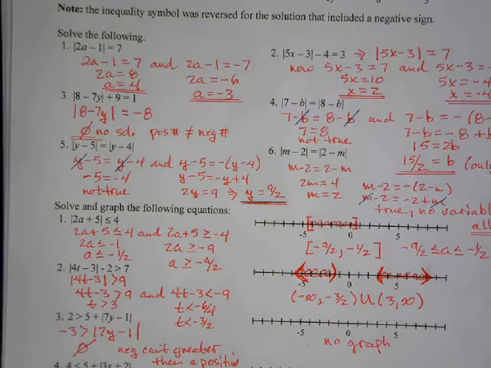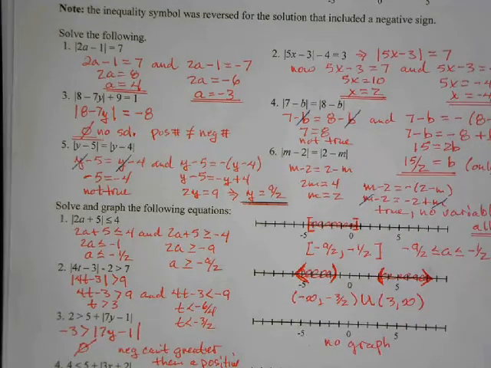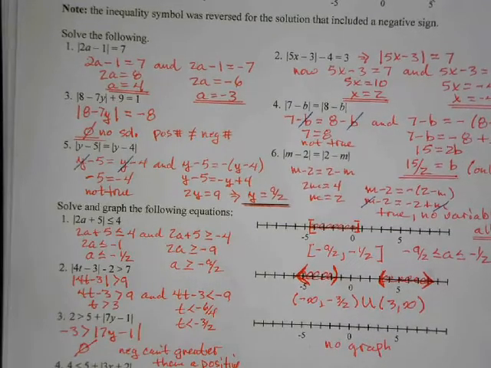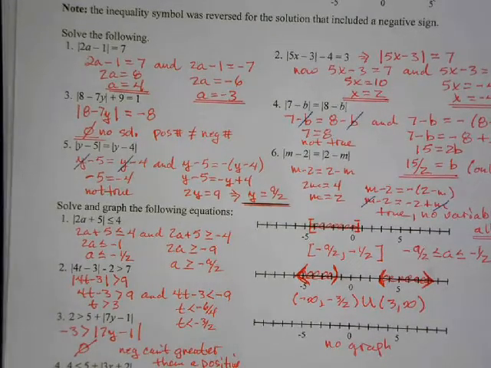All right, similar problem here. Going to move the 5 over. 4 minus the 5 will give me -1. Now, note, no matter what x I put in here, the absolute value is going to make this positive. Any positive number is bigger than -1.